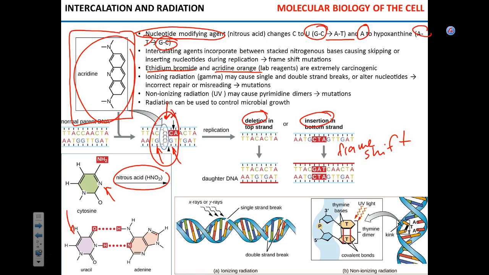and ethidium bromide. Now, acridin orange and ethidium bromide are reagents that are commonly used to identify DNA. Acridin orange is really useful to stain nuclei of the cells. You can basically add the solution of acridin orange to the cells, look down the microscope, and you can imagine that it will bind to the DNA, like it's exemplified in this picture.